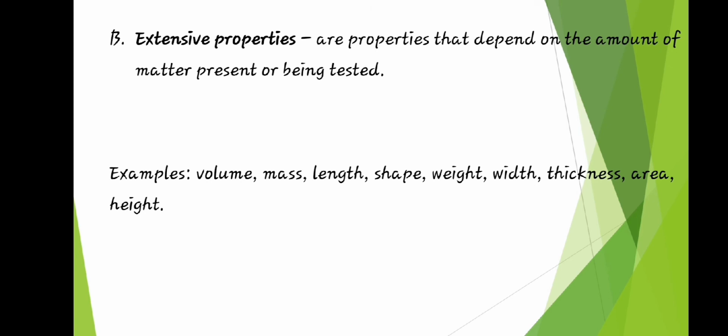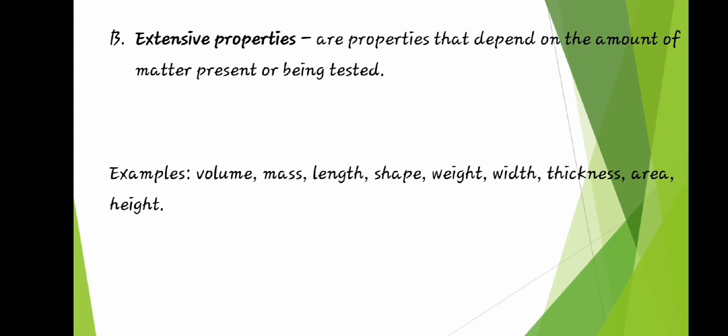So let's have, of course, the other division of physical property, which is extensive property. Extensive properties are properties that depend on the amount of matter present or being tested. So it's very different from intensive property, kasi by means of this explanation, intensive properties do not depend on the amount of matter or the measurement of the amount of matter, while extensive property is dependent on the amount of matter present or being tested.